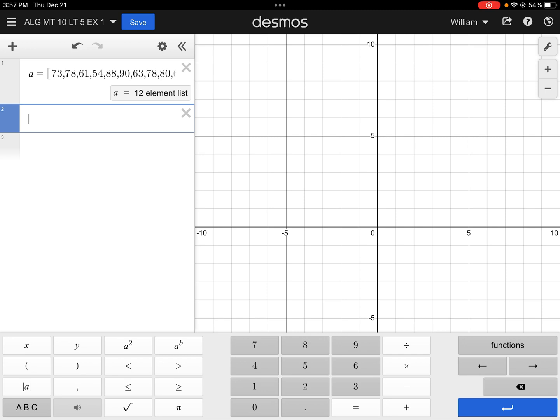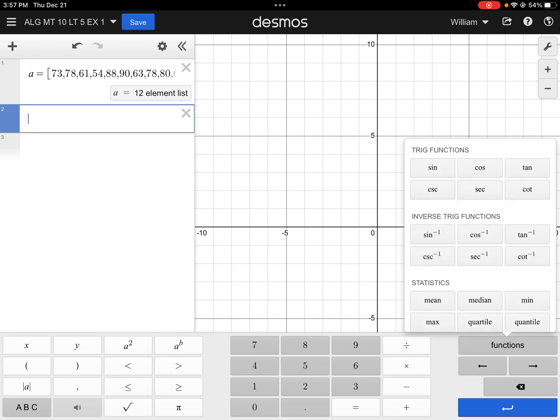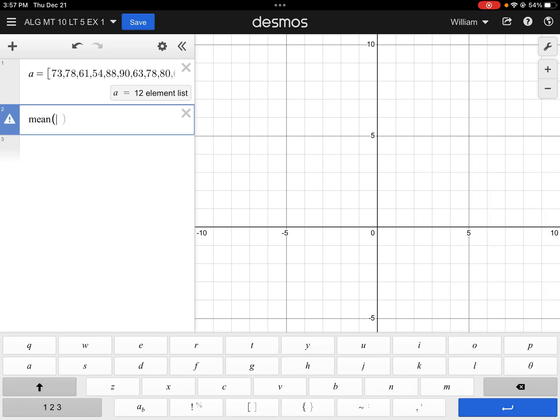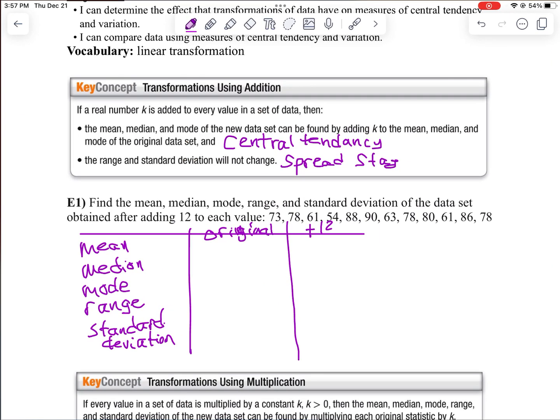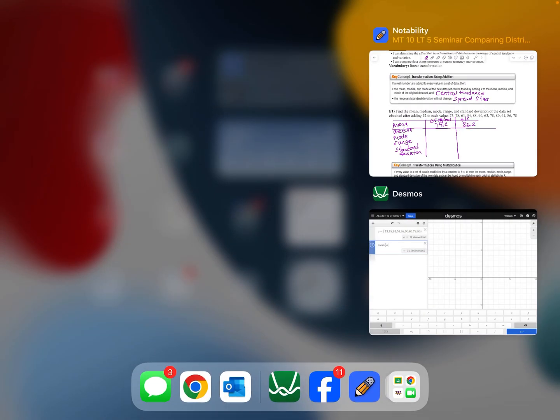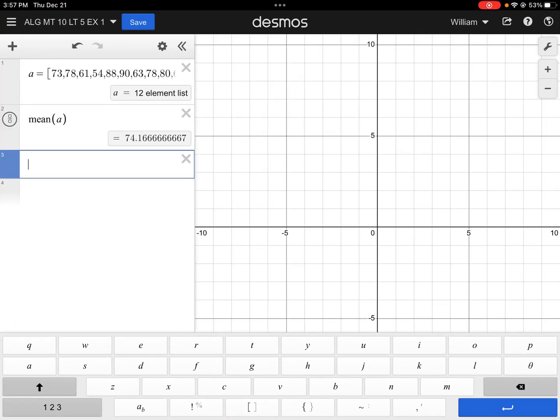I want to find the mean of my set, and notice it's 74.2. If I add 12 to that, I'll get 86.2. You can actually find that on Desmos to verify it.